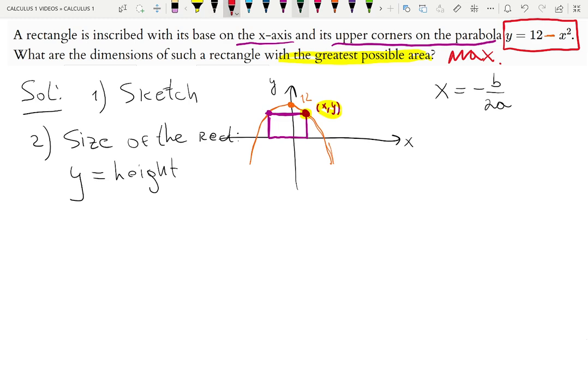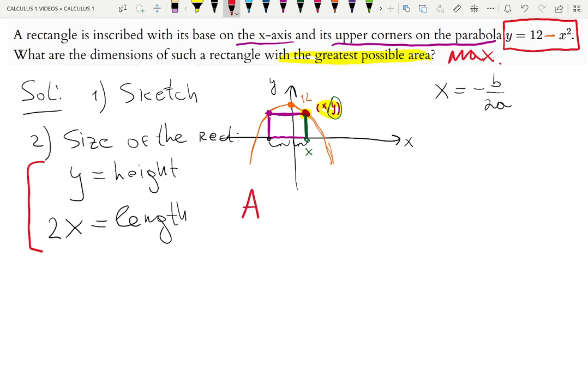Does that make sense? How tall is this rectangle? y units tall. And now here's the variable x on the x-axis. How long is this rectangle? Is it x? Let me see. x to the right and x to the left. Thus, it is 2x. The length of this rectangle is 2x, and those are my dimensions for the rectangle.